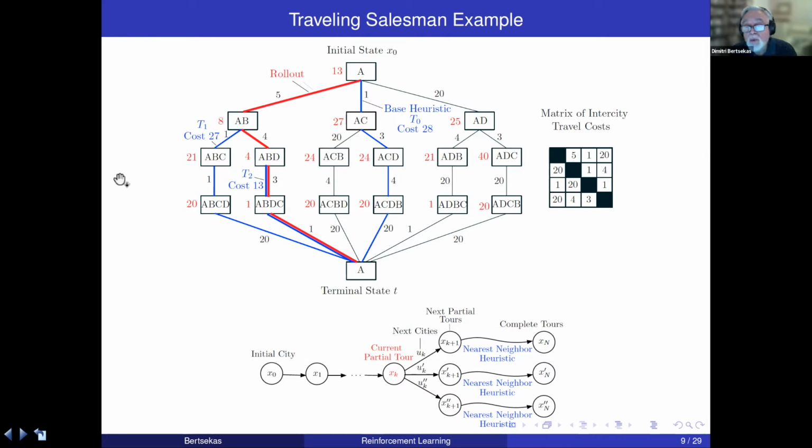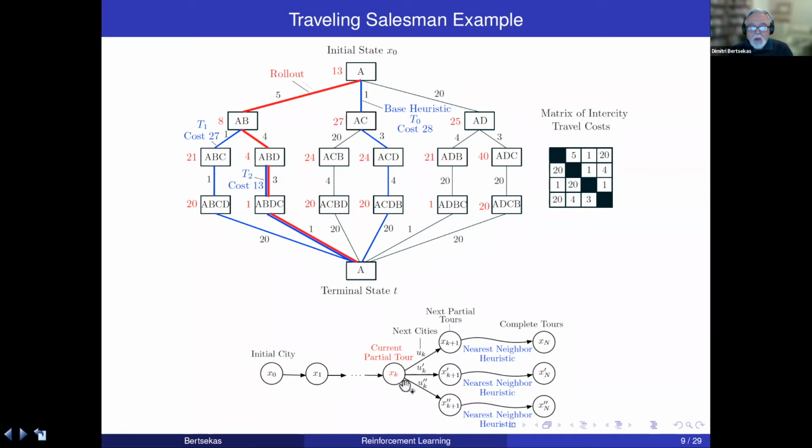Now we're going to use rollout to solve the problem suboptimally. In the rollout algorithm that we're going to discuss, we're going to use a specific heuristic, the nearest neighbor heuristic. Here we are at a given state, which corresponds to a partial tour. We look at all the eligible next cities to go to, and we go to the one that's closest in terms of travel cost.